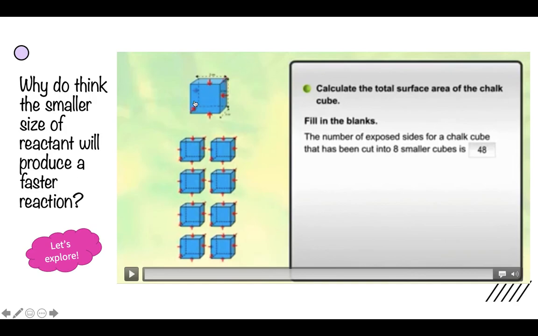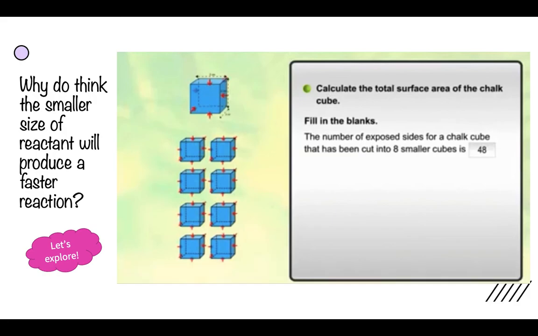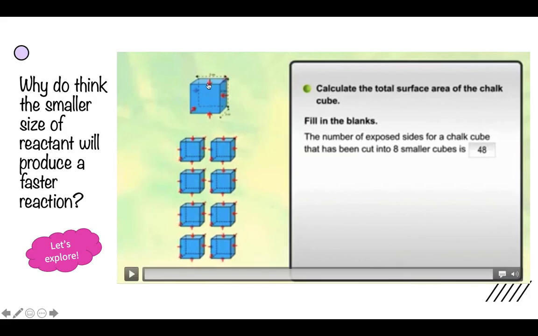So exposed surface area ni adalah 6. Tapi if this one bigger cube is cut into 8 smaller cubes, satu ni dia ada 6 surface area. Jadi katalah 8 pieces of this cube, 6 times with 8 dapatlah 48 exposed area.